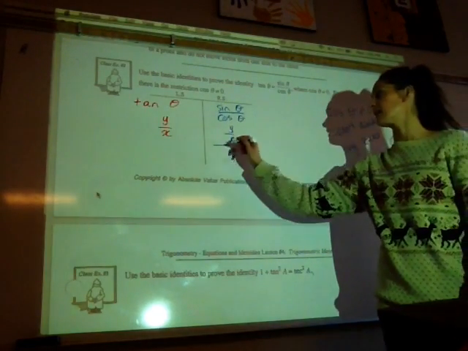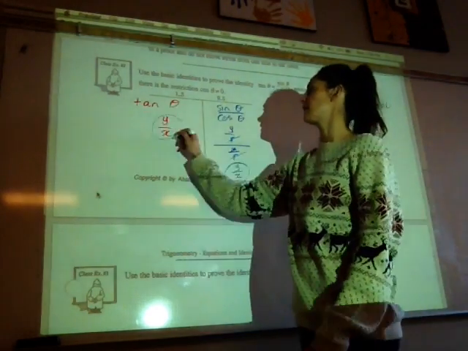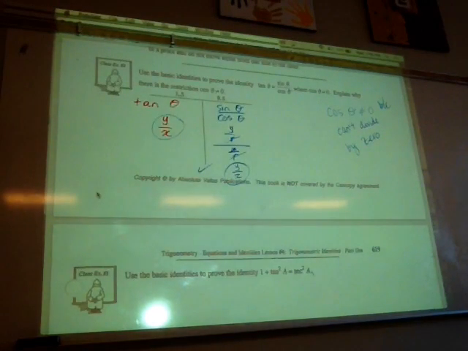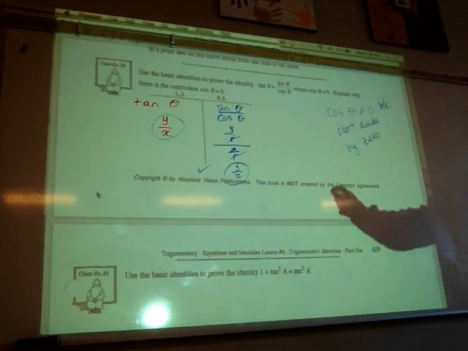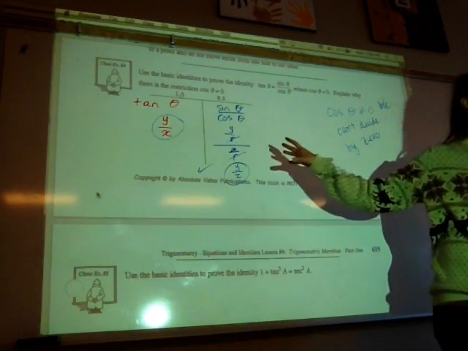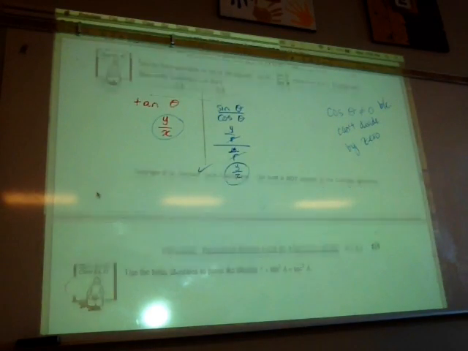The r's will cancel out, and we're left with y over x. We get the same thing on the left-hand side as we do on the right-hand side, therefore we've proven our identity. So not only did this work in the last example for just 60 degrees, but it works for any value of x. So we have proven that using the basic identities.